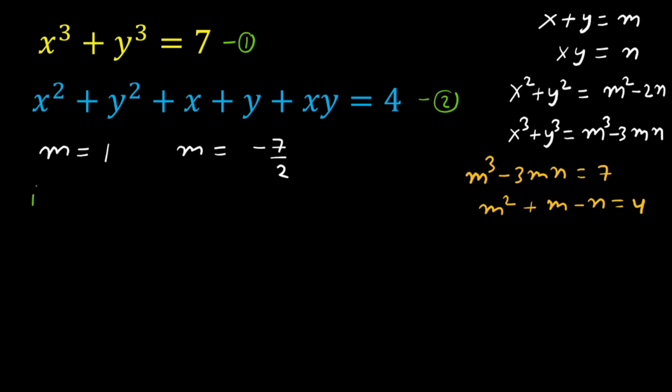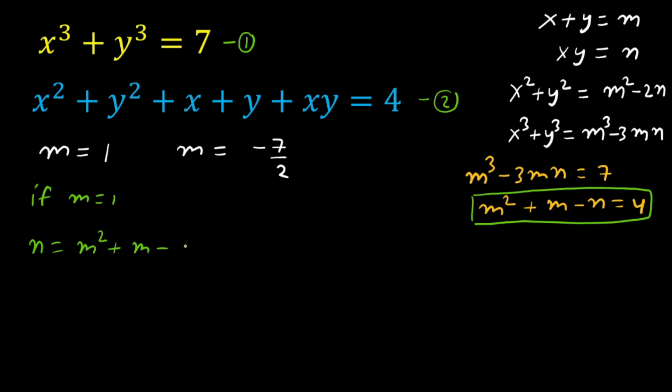Now if m is equal to 1, and we know that m square plus m minus n is equal to 4, then the value of n is m square plus m minus 4. n is equal to, m is replaced by 1, then 1 square is 1, plus m is replaced by 1, then 1 minus 4, then n is equal to 2 minus 4, so the value of n is minus 2.